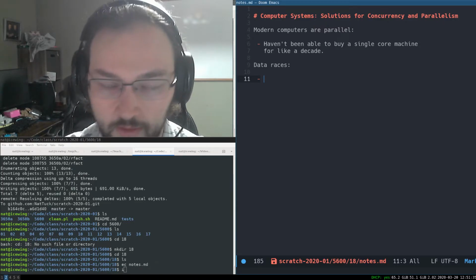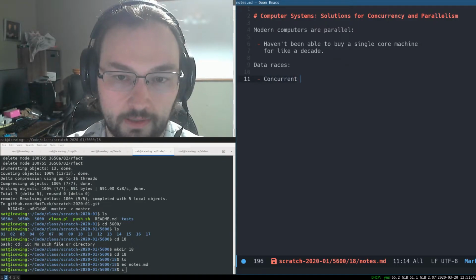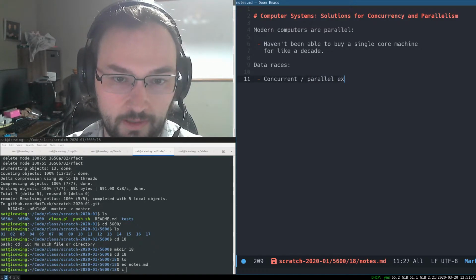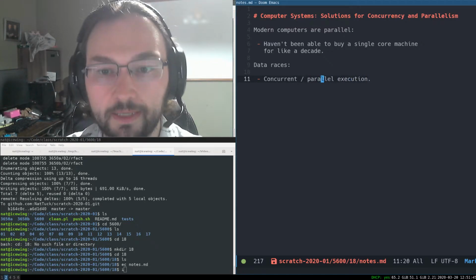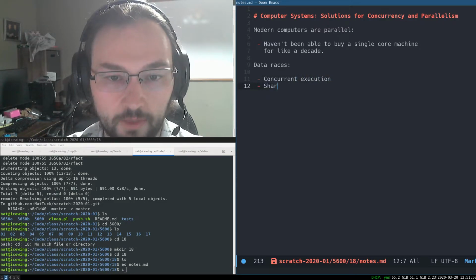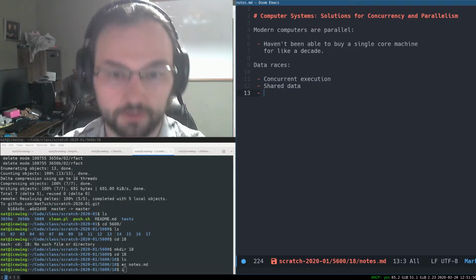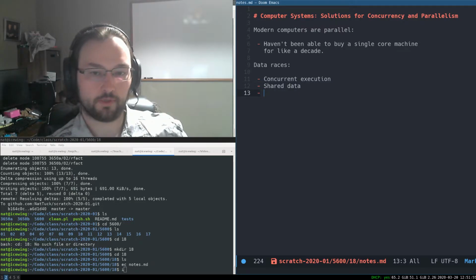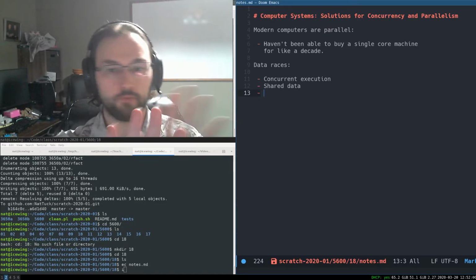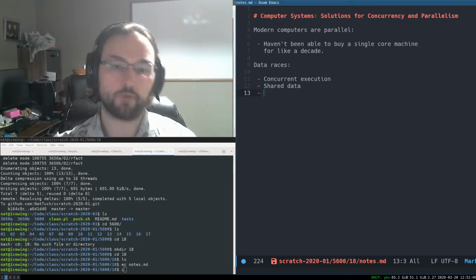So here they are. First, we have to have concurrent or parallel execution, and really just concurrent execution. Second, we have to have shared data. So between the two processes or threads running concurrently, they have to both have access to the same object in memory.